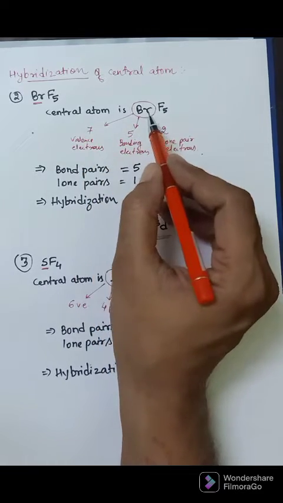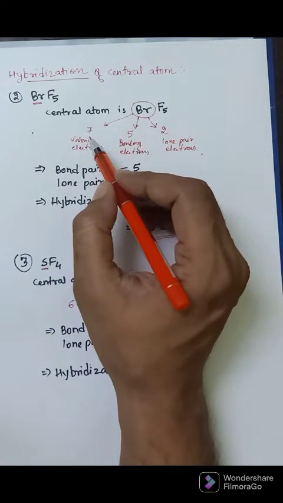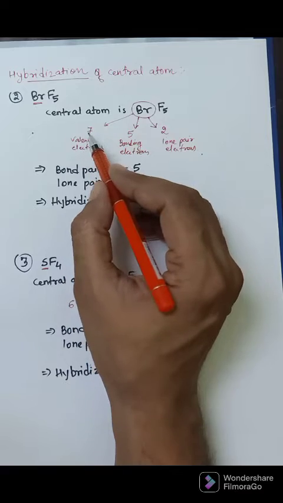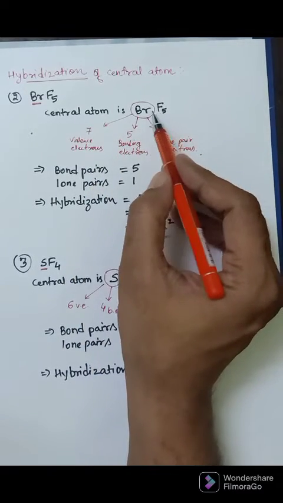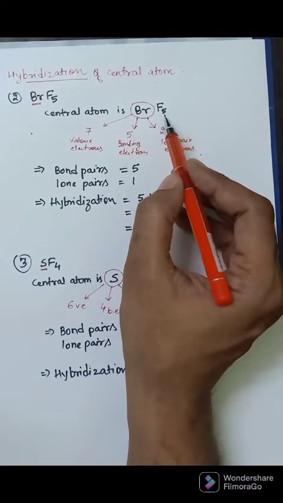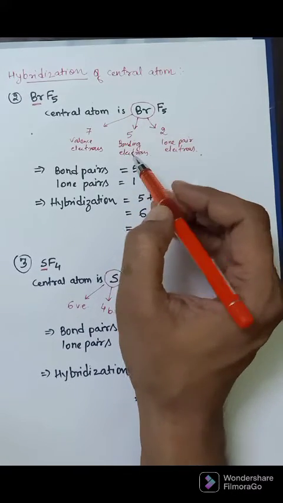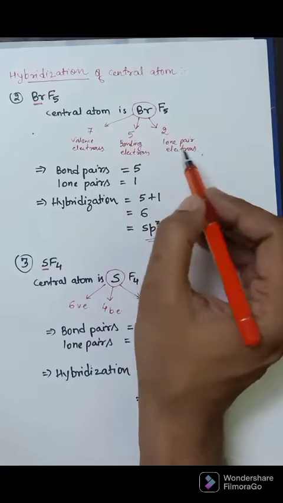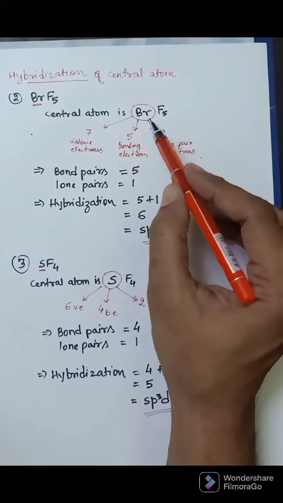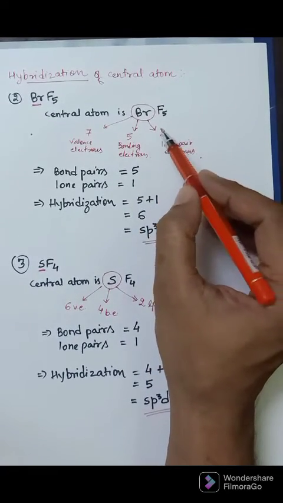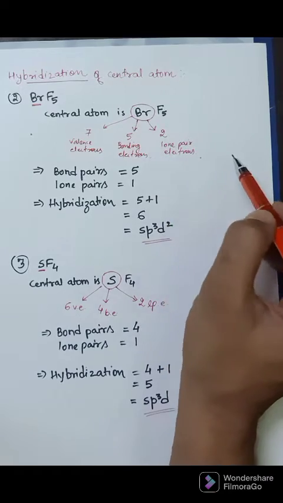Bromine has 7 valence electrons, and it has 5 fluorine atoms associated with it, so 5 electrons will be involved in the bonding, so the bonding electrons is equal to 5, and the rest, 7 minus 5 equal to 2, will be the lone pair electrons.